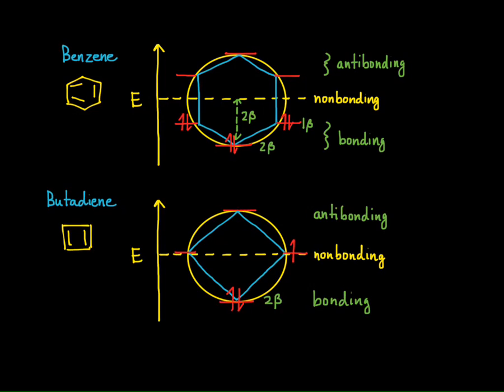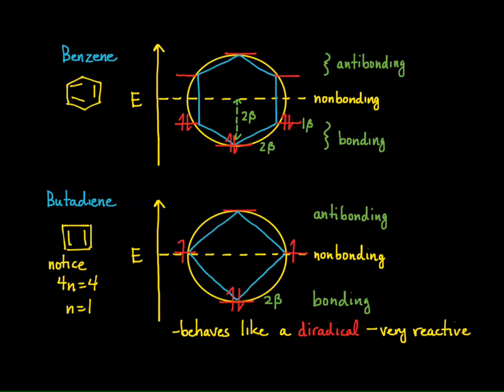So 1 electron goes in one orbital, the other electron goes into the second orbital. And we see that it's a diradical, and indeed butadiene behaves like a diradical. So this is why it's very reactive.